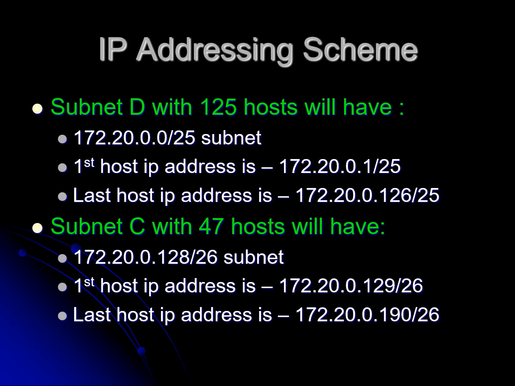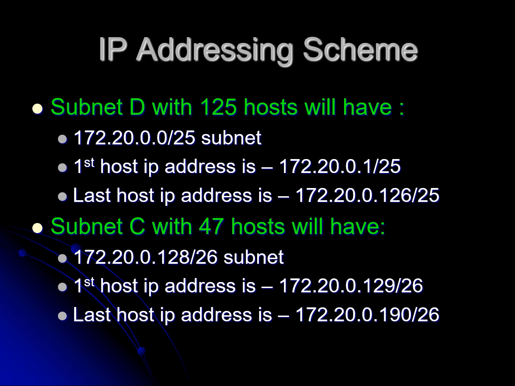So your IP addressing scheme: subnet D with 125 hosts will be a /25 subnet, with the first IP address being 172.20.0.1/25 and the last IP address in that network being 172.20.0.126.